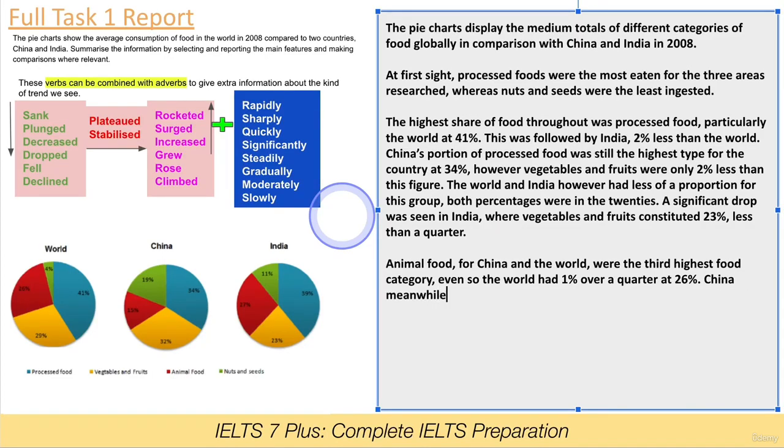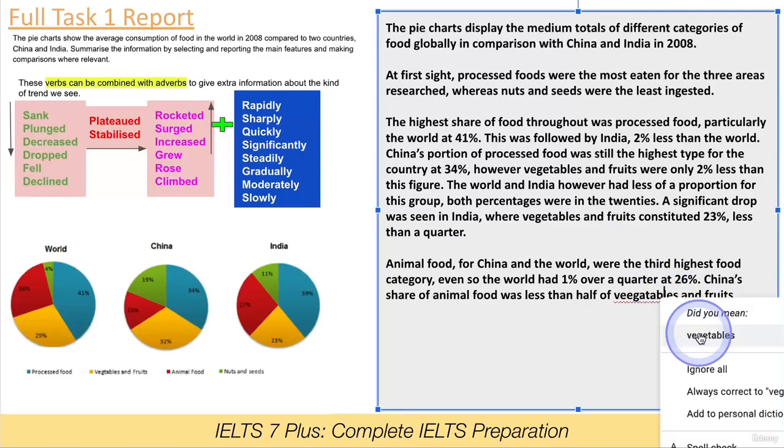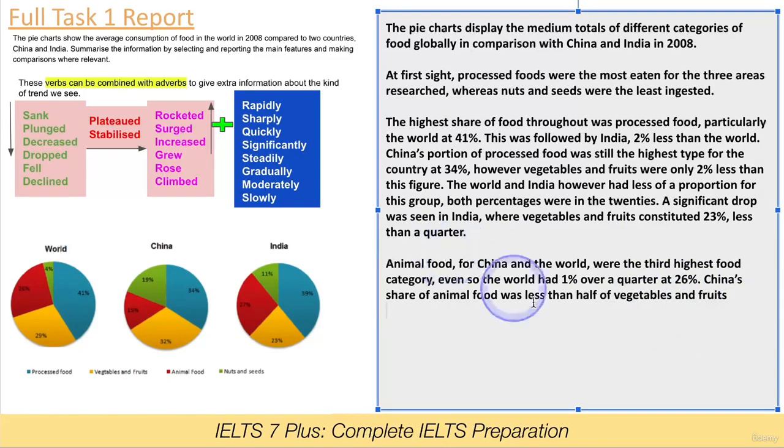China, meanwhile, China's share of animal food was less than half of vegetables and fruits. Oh, we're checking our spelling. Vegetables and fruits at 15%. Okay, so that's animal food.